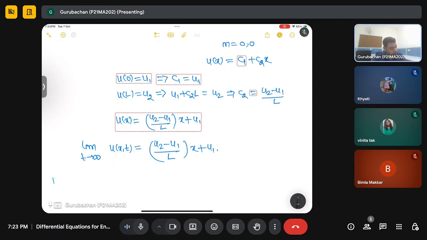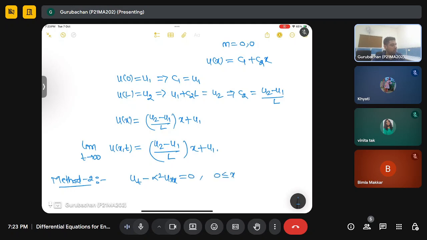The other approach that has even been told in the week 11 lectures is as follows. You assume one initial condition is given. Suppose u(x,0) is some f(x).